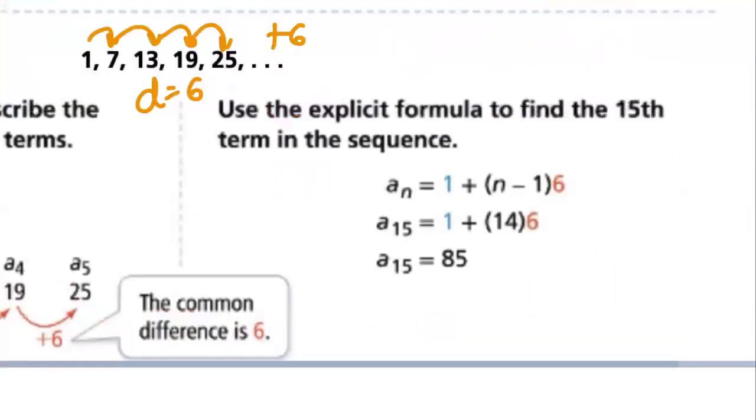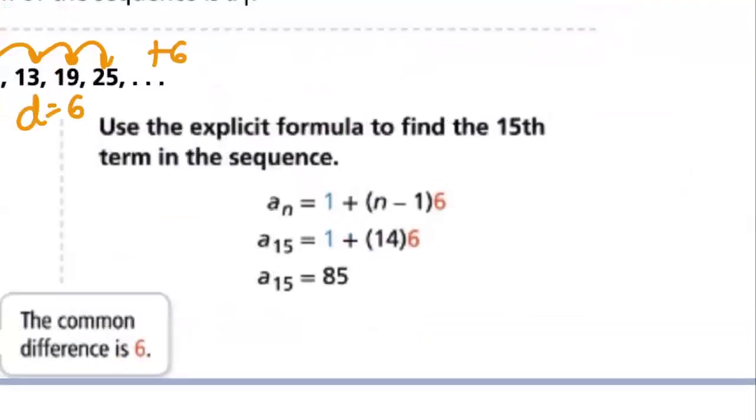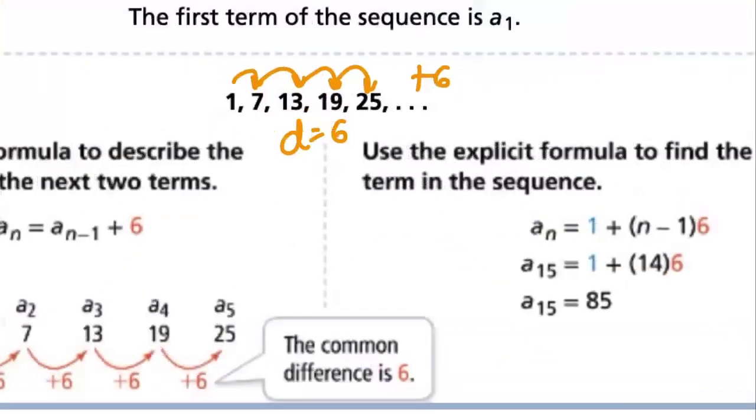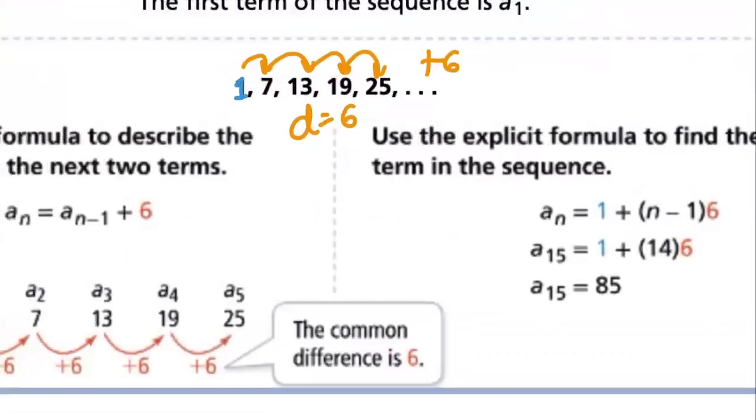For the explicit formula, there are only two things you need. You need the common difference, which is 6, but you also need the first number in your pattern. In this case, the first number in my pattern is 1. So that means a_1 is my first number.